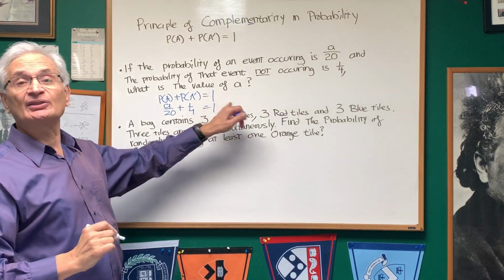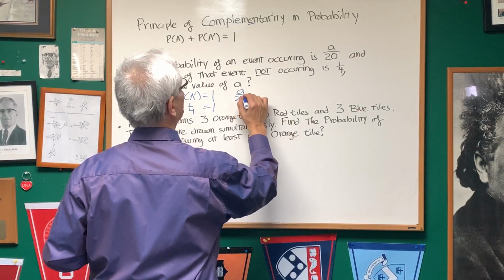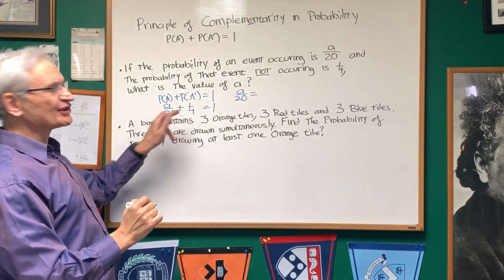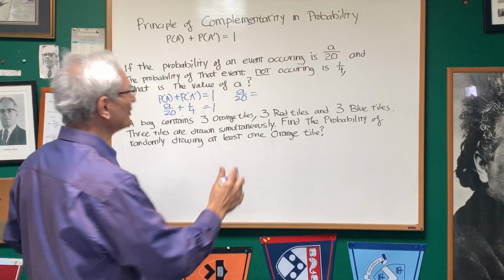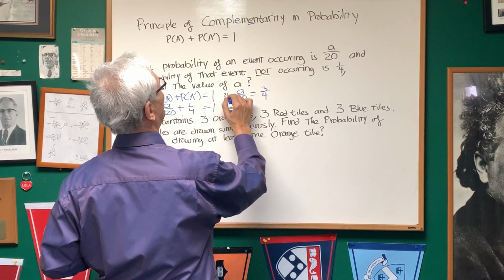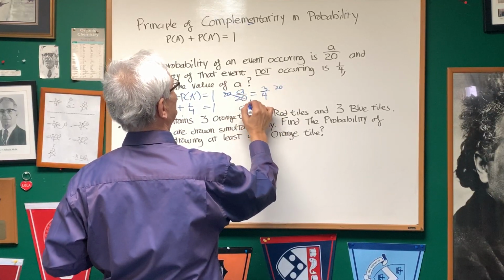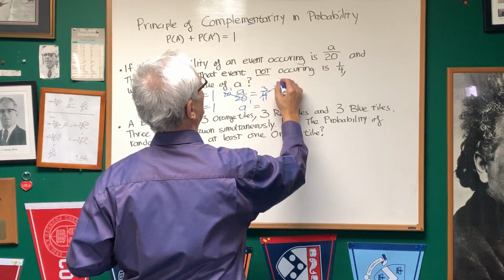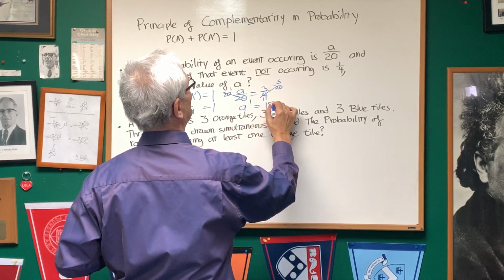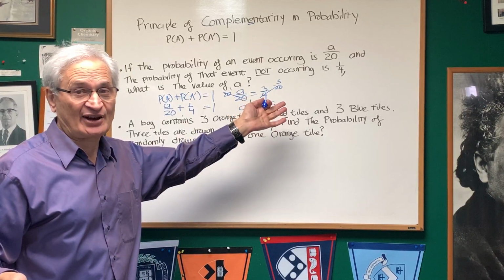We're going to subtract 1/4 from both sides of the equation. A over 20 is equal to 1 minus 1/4, which we can do in our heads, is 3/4. Multiply both sides by 20, and the 20s cancel out; 4 goes into 20 5 times. 5 times 3 is 15. The value of A is 15, principle of complementarity.